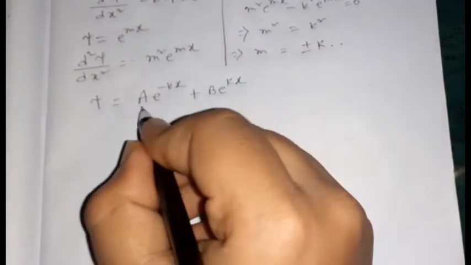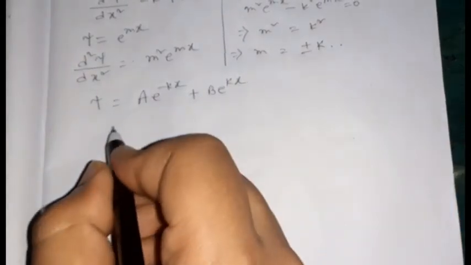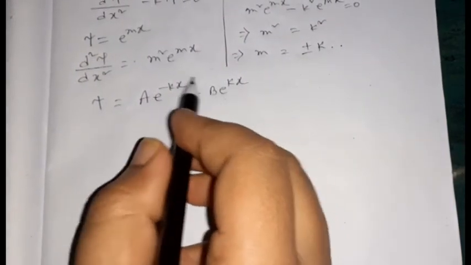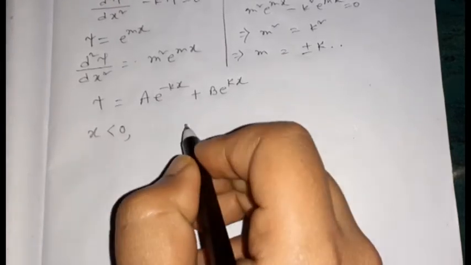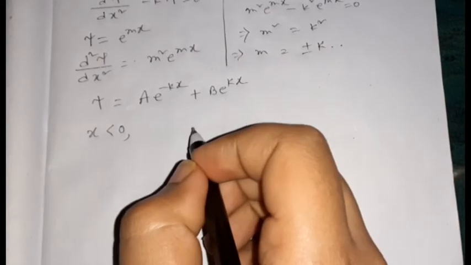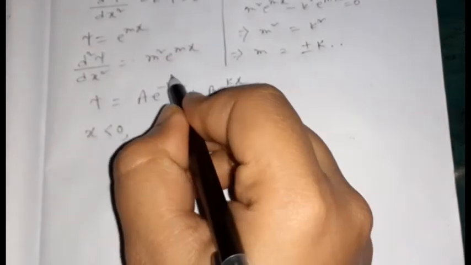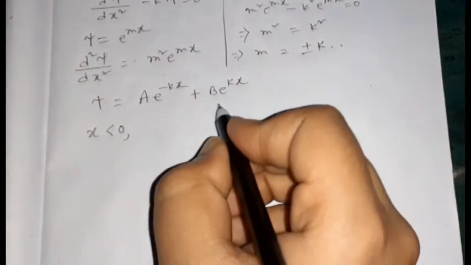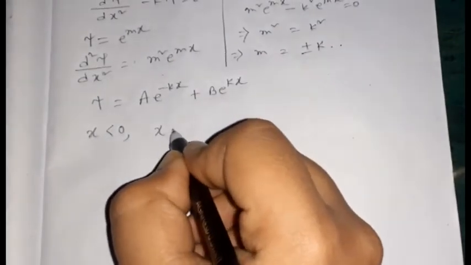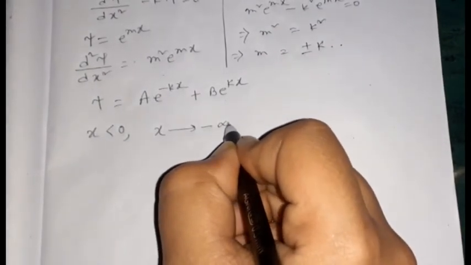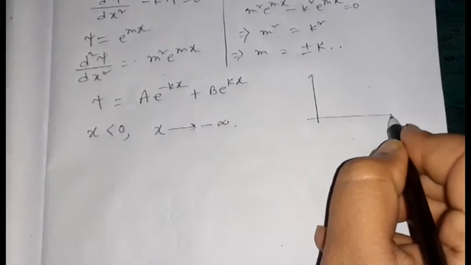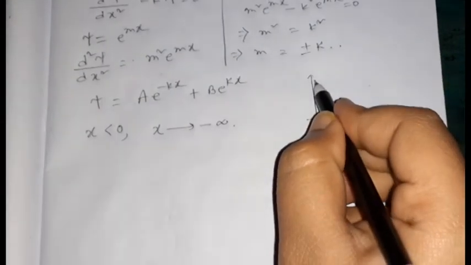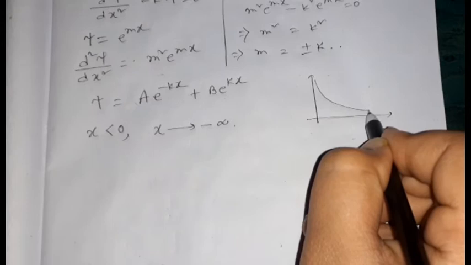Okay, so now in the first case where x is lesser than 0, for this region this part blows up. Why? Because as x tends to minus infinity, this term blows up. I can easily show that the curve e to the power minus kx is like this.